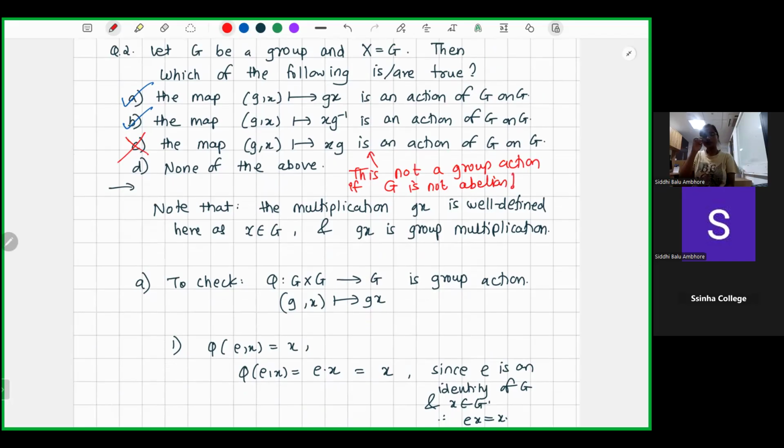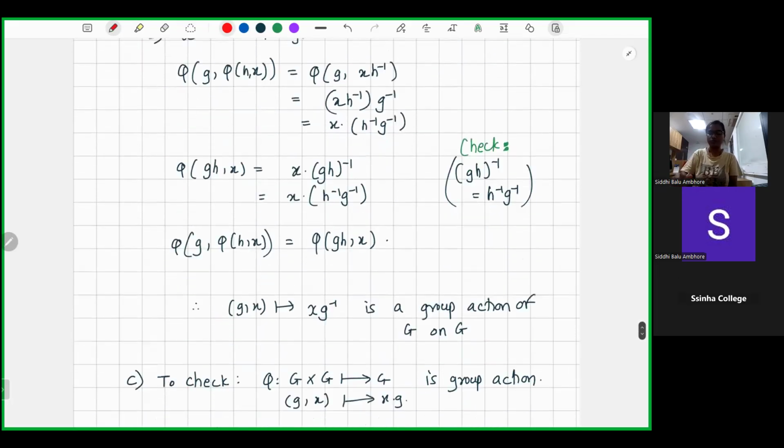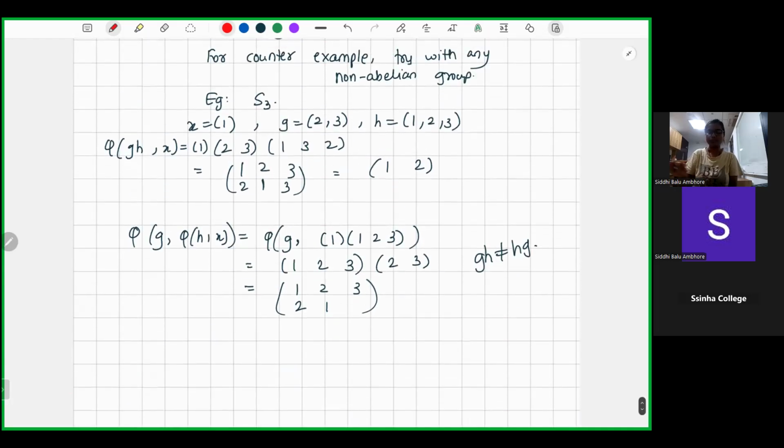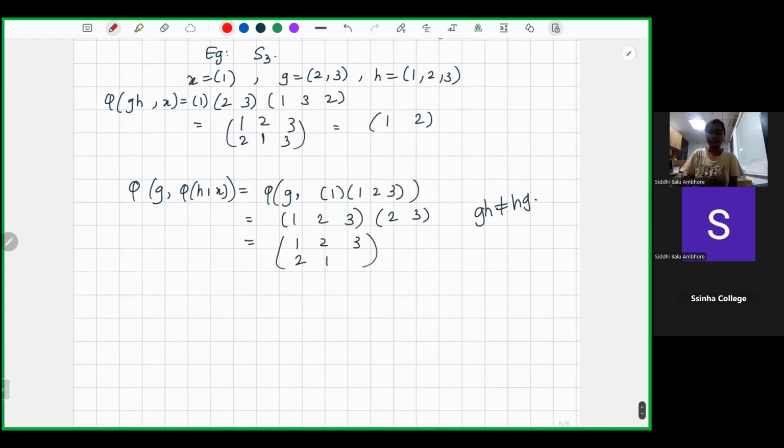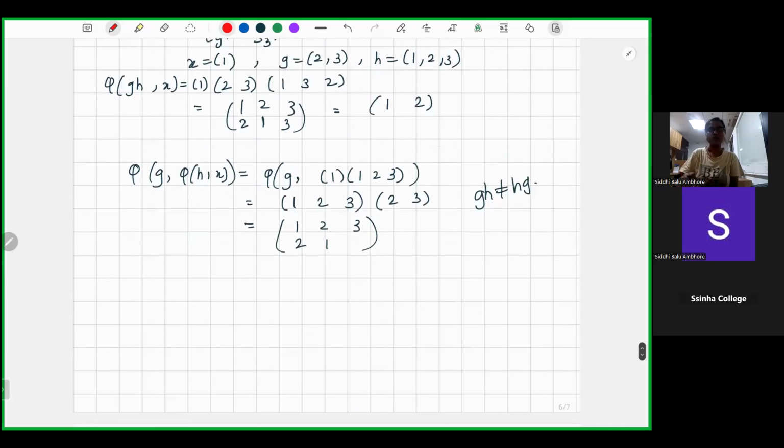Okay, so please check this explicitly with some examples where you choose two elements which do not commute from S3, and get the counter example and so on. Okay, so I hope this was clear so far. If not, please let me know.